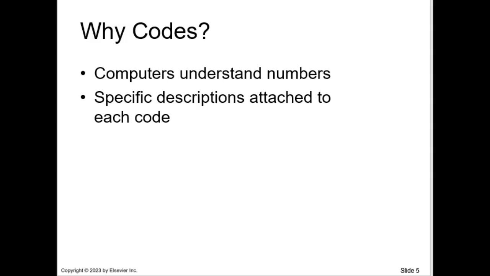ICD-10 PCS, these are strictly inpatient codes that a hospital uses for procedures to get paid for their services, their room and board, the prep and drape, so everything surrounding that surgery.